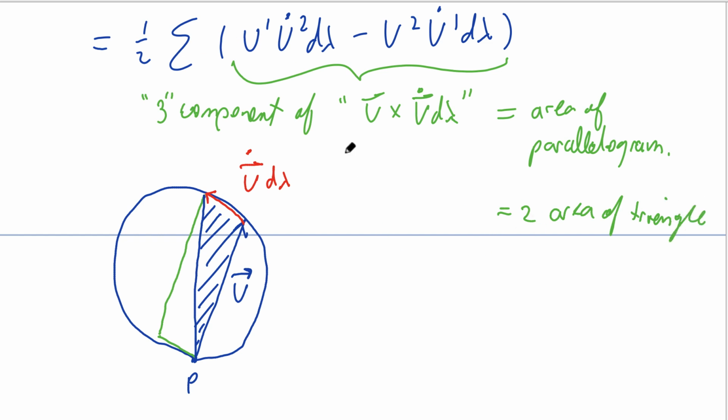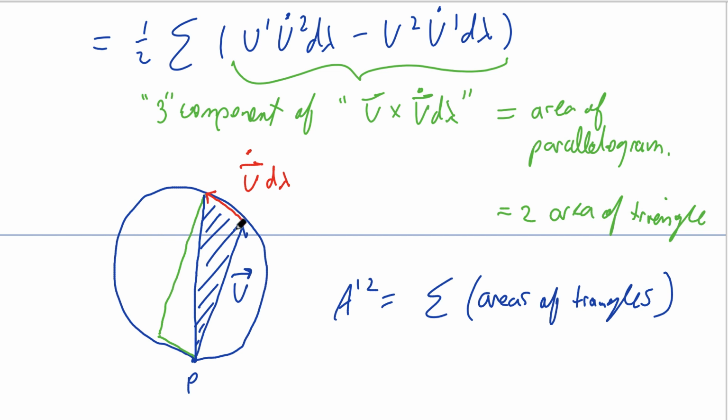And the factor of 2 cancels the 1/2 here, so the A12 is the sum of the areas of the triangles. The triangles formed by the displacement vectors v at various values of lambda. So this is just the total area of the loop.